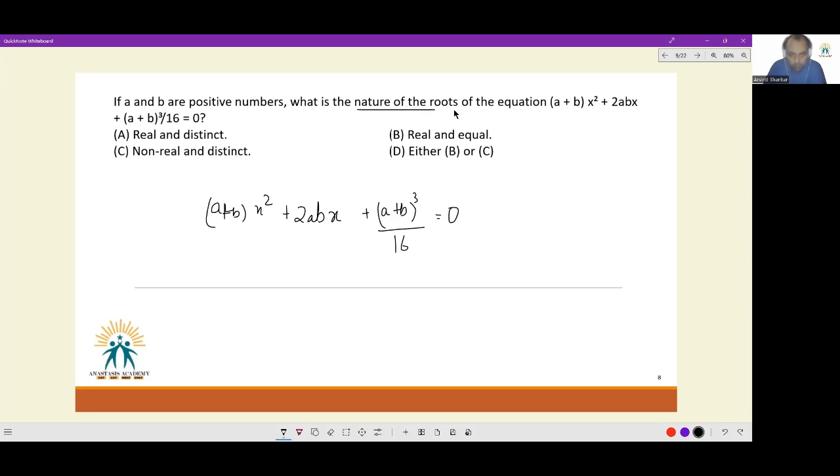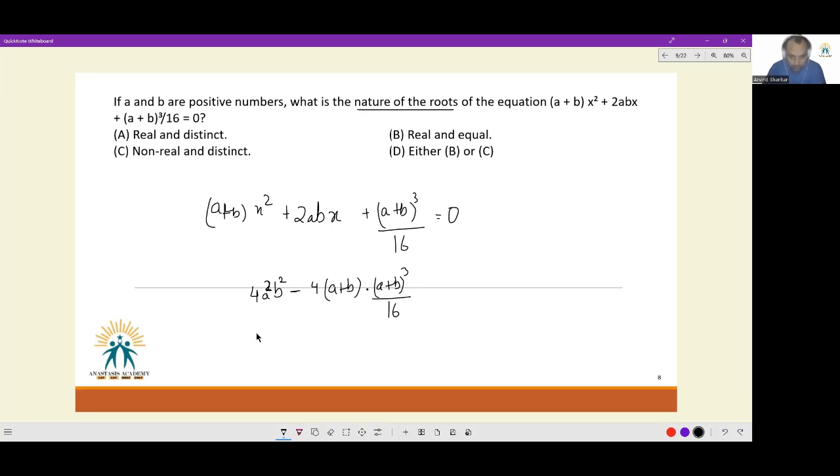If we're looking at the nature of roots, of course, you have to look at the discriminant. So discriminant here would be 4a square b square minus 4 times of (a plus b) into (a plus b) whole cube divided by 16. We have to look at this value, whether it is greater than 0, less than 0, or equal to 0. Let's go ahead and check.